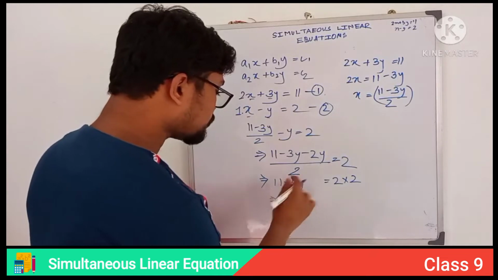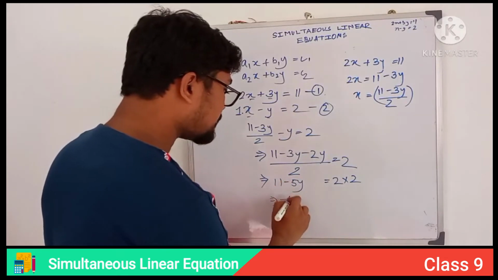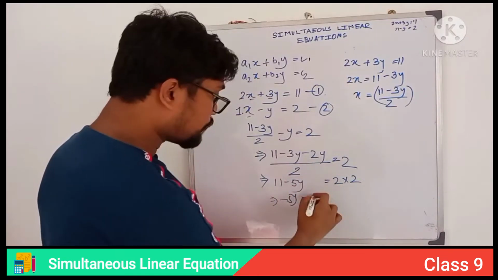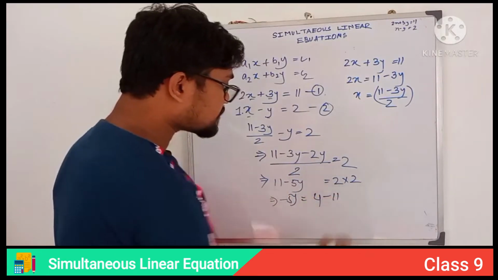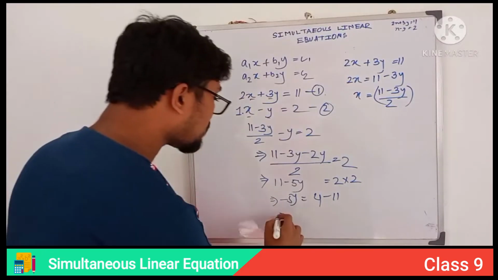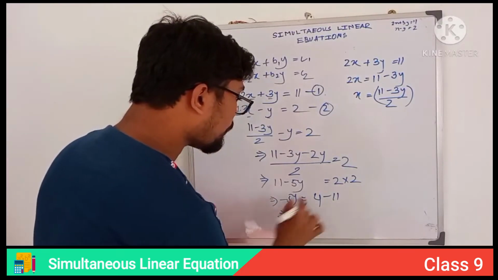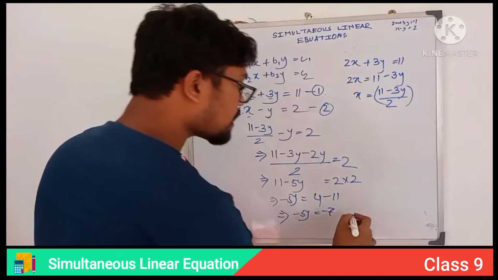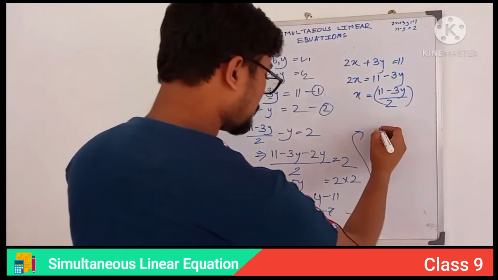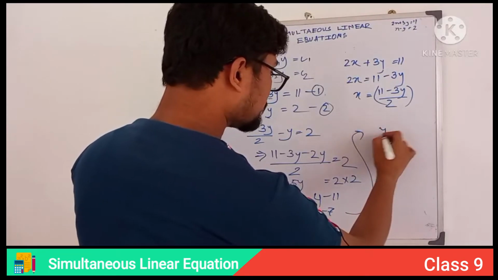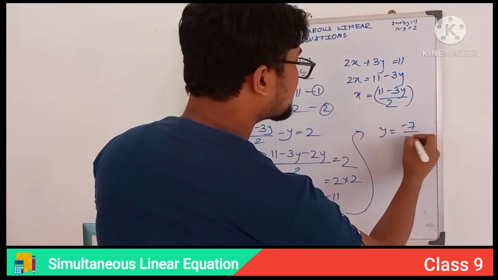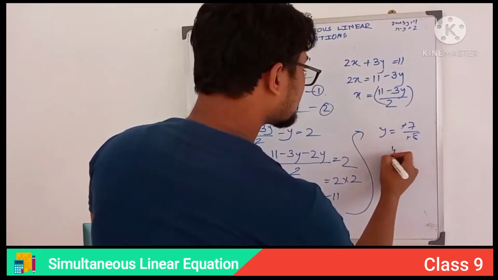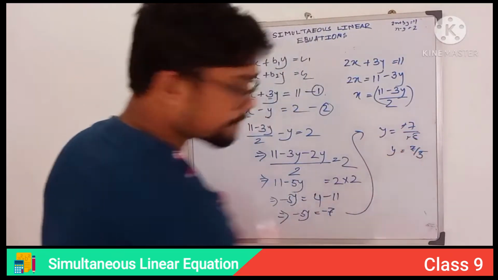So we take minus 5y on one side and 11 to the other side. 2 into 2 equal to 4, 4 minus 11 is minus 7. So minus 5y equal to minus 7. Then y equal to minus 7 by minus 5, the minus signs cancel, so we get y equal to 7 by 5.